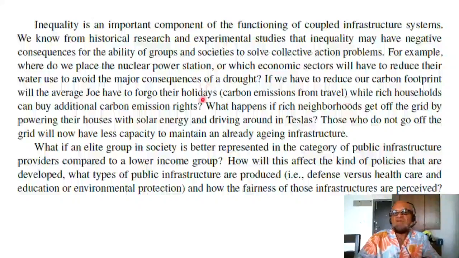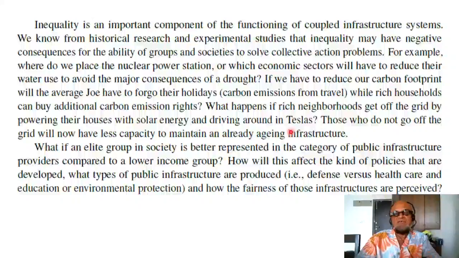If we have to reduce our carbon footprint, will the average Joe have to forego their holidays so carbon emissions from travel can be removed, while rich households can buy additional carbon emission rights? Okay, what happens if rich neighborhoods get off the grid by powering their houses with solar energy and driving around in Teslas?